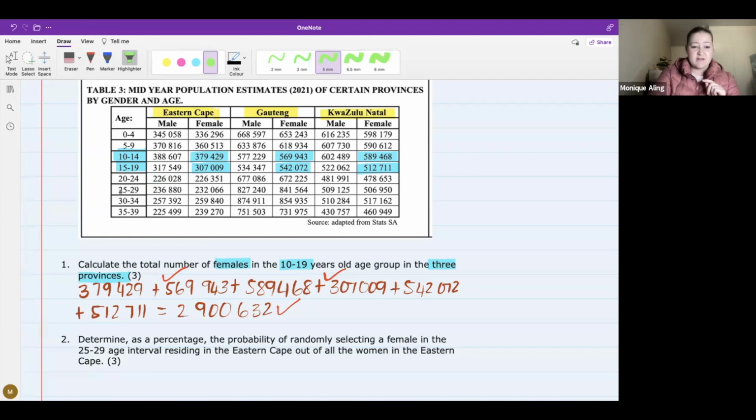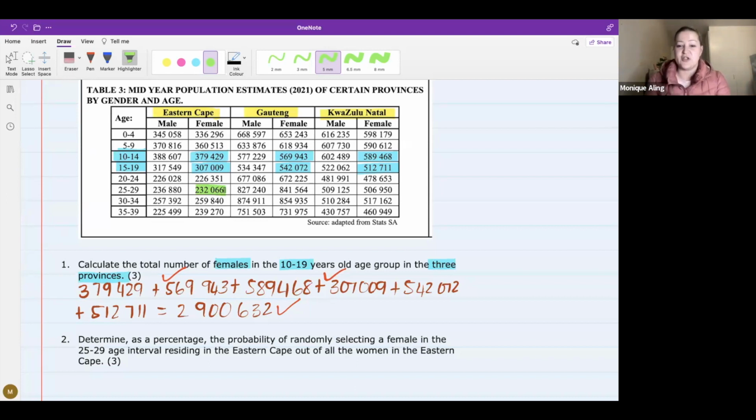Females in the Eastern Cape in that age range is 232,066. We want to know what percentage that makes up out of all the females in the Eastern Cape. So you need to go and add up all the numbers of the Eastern Cape females and work out this percentage.